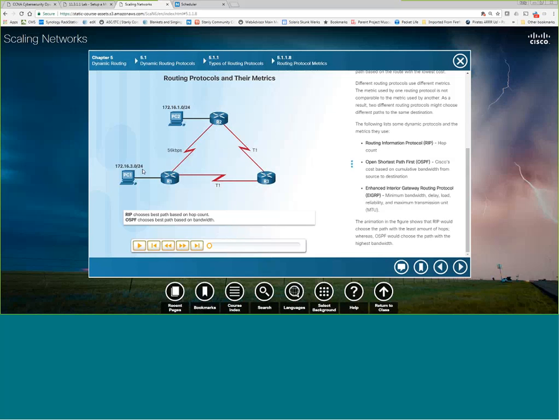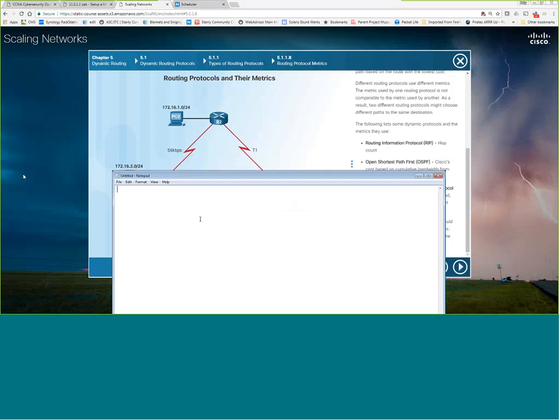Which one from these three routing sources would go in the route table? All three? Nope. Well, EIGRP would take precedence. Bingo. And why would it take precedence, John? It's going to have a more reliable, more believable path.